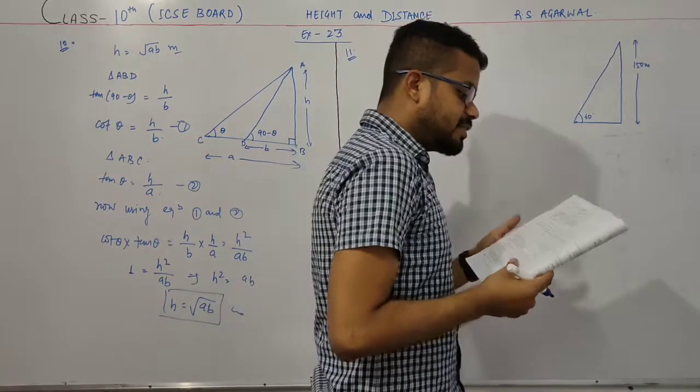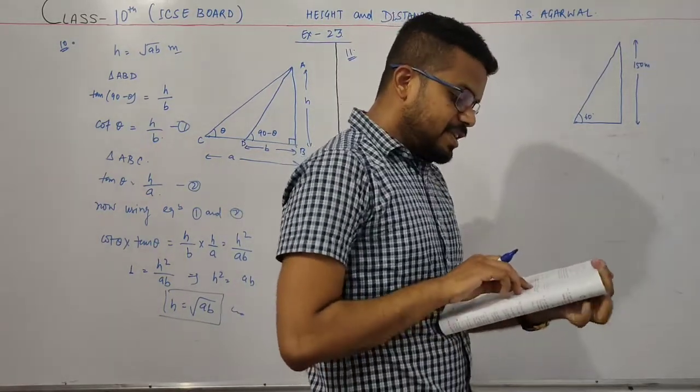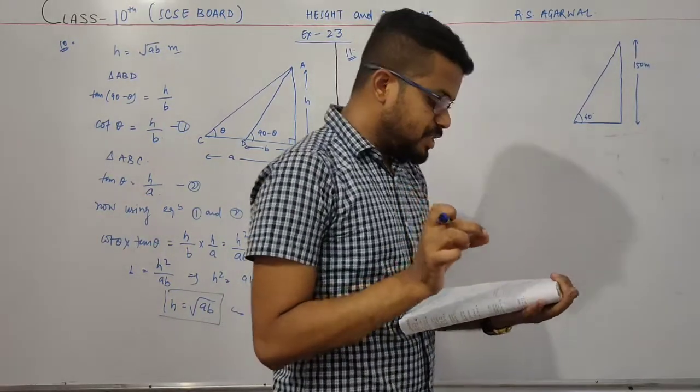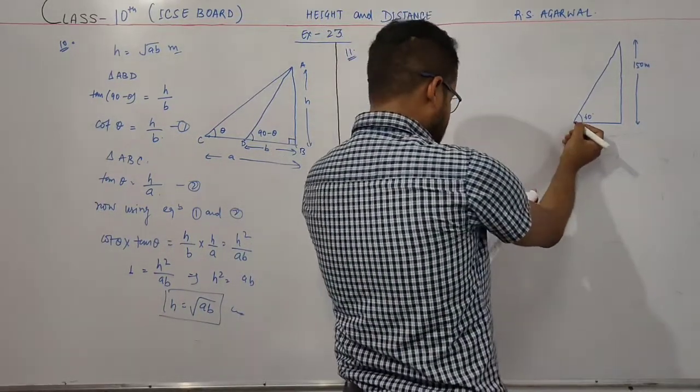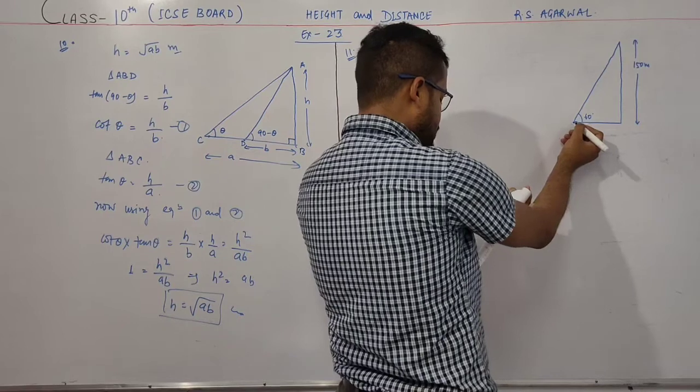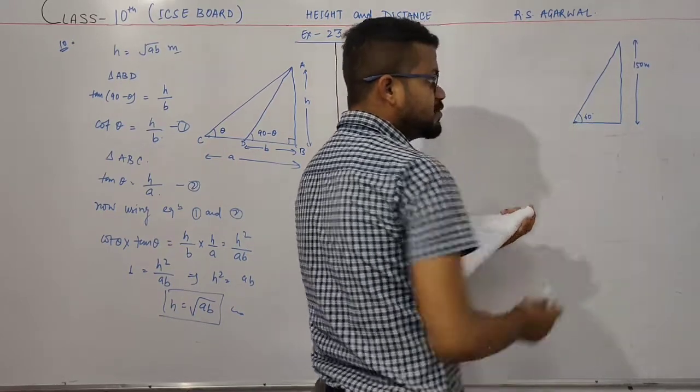It takes 1.5 minutes to change the angle of elevation of the top of the lighthouse from 60 degrees to 45 degrees.